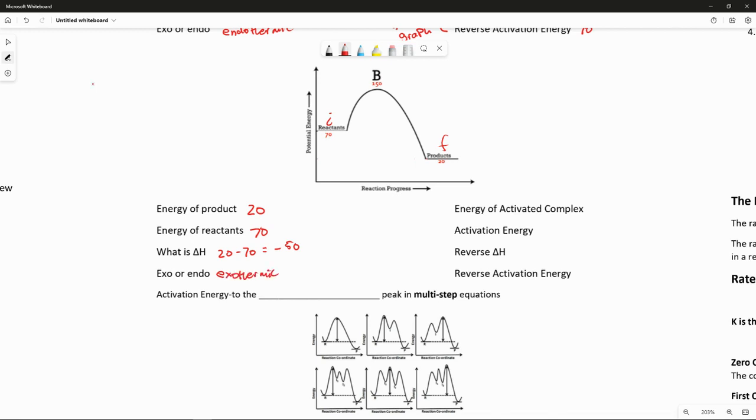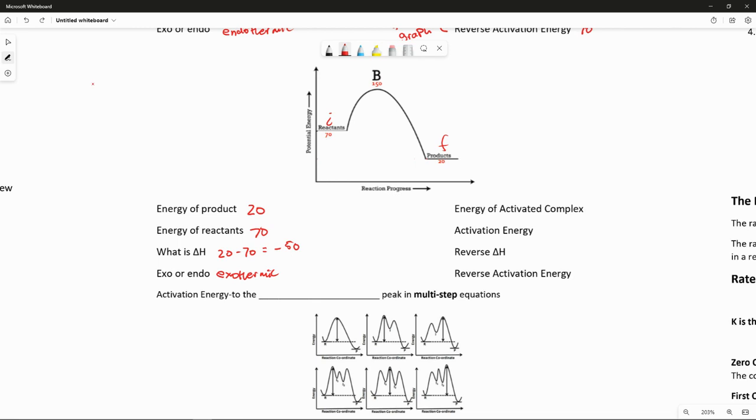You could have also determined this by looking at the graph. You're starting with 70, but you're ending with 20 energy. So you're losing energy. You have more energy in the reactant side than the product side. So therefore, heat is released in the reaction, and it is exothermic.